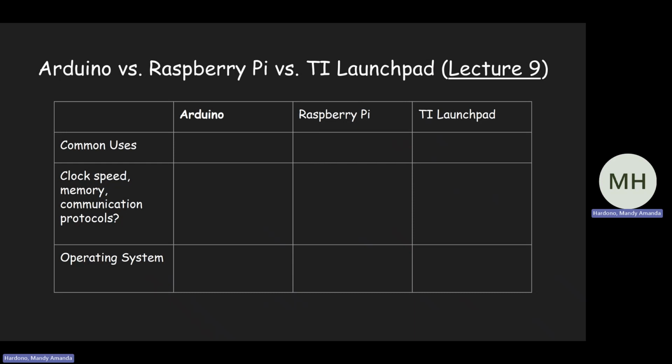So Raspberry Pi can use its own operating system called Raspbian, but it can also run Linux and I think maybe some other operating systems.